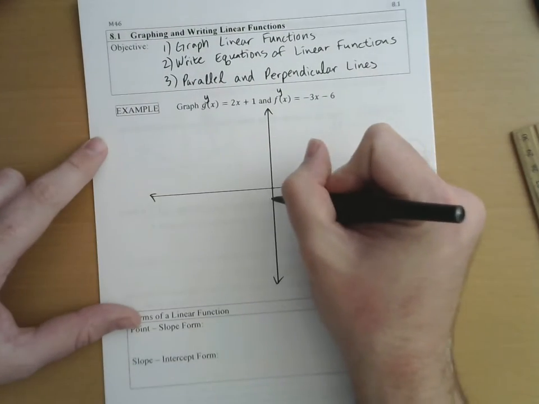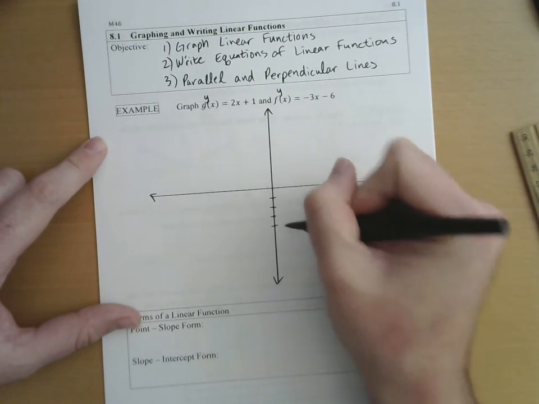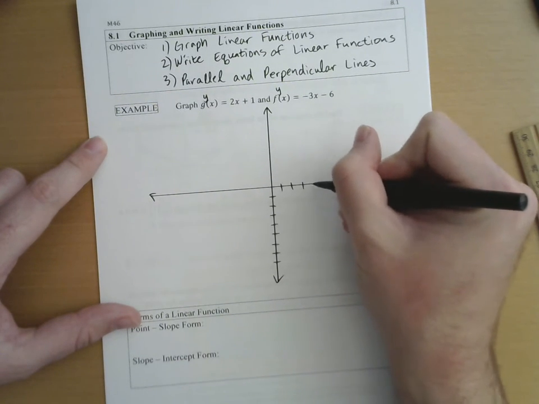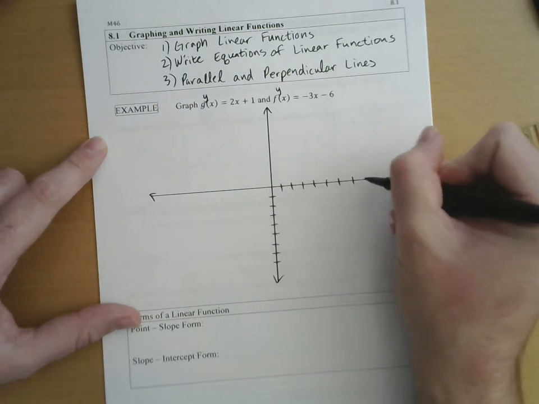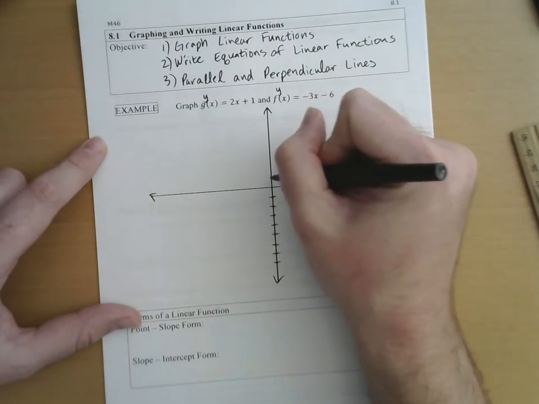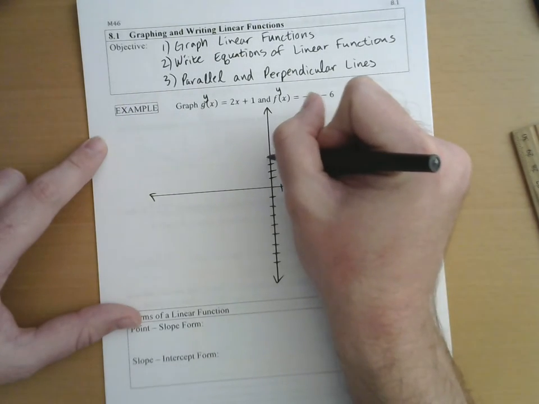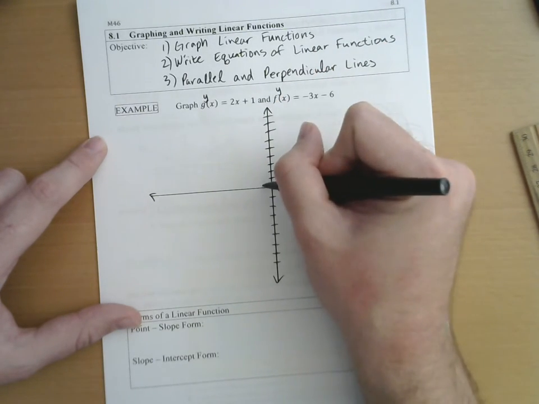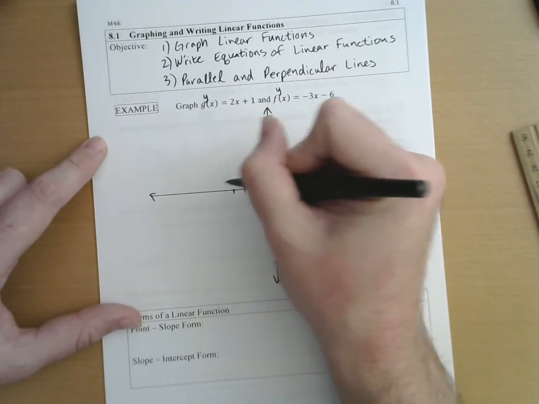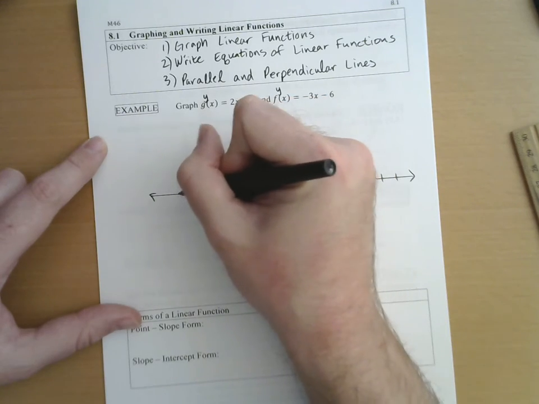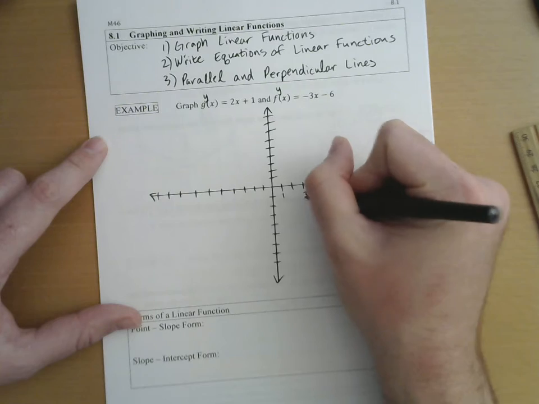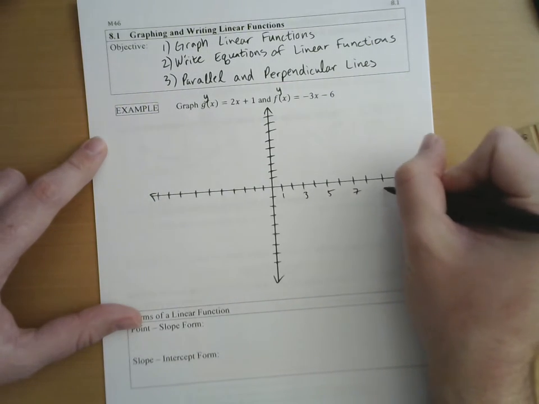So I'm going to scale by ones. 1, 2, 3, 4, 5, 6, 7, 8. 2, 3, 4, 5, 6, 8. It's 1, 3, 5, 7, 9.